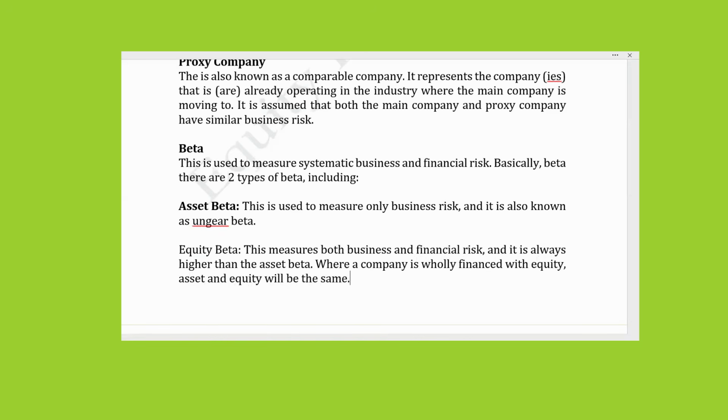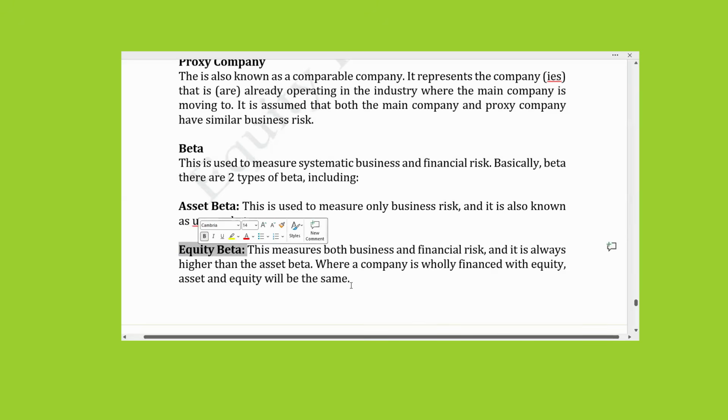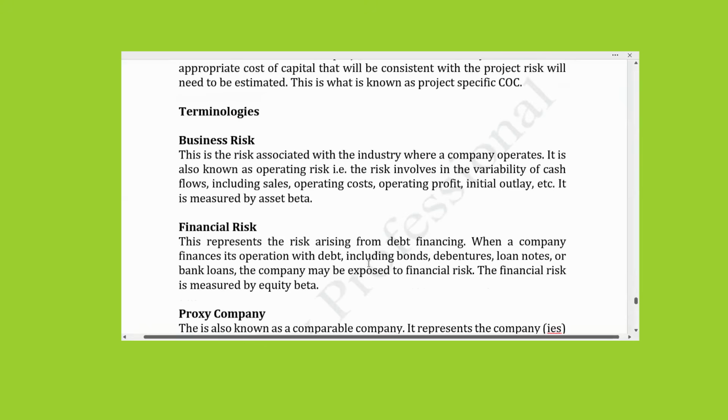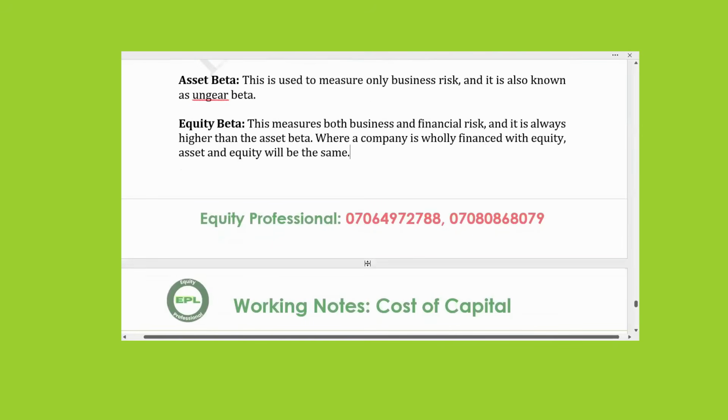So asset beta and equity beta are the same where a company finances its operation 100% with equity. All right. So these are some of the terminologies you need to get familiar with under this project specific.